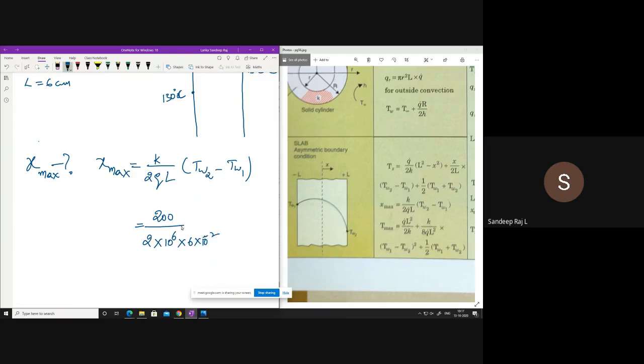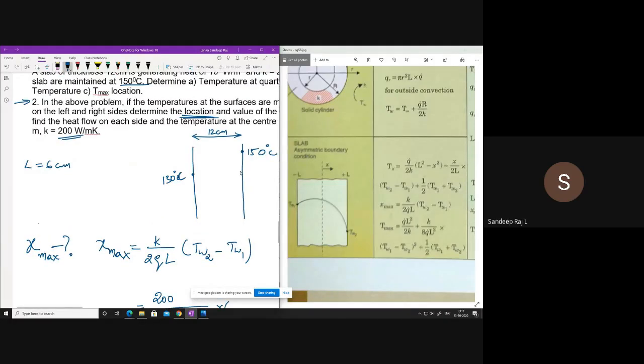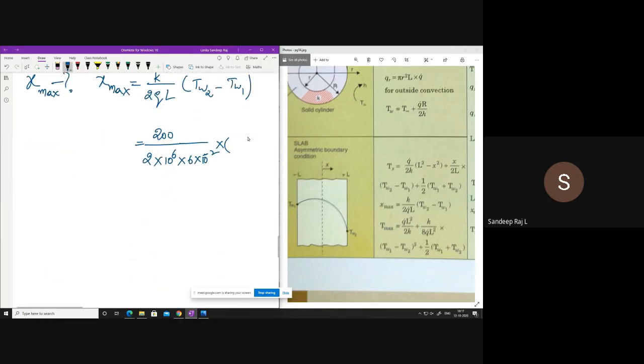Then Tw2 is the temperature on this side, that is 150. This is Tw1. On this side it is 130 degrees centigrade. So you have to write 150 minus 130 here. So that's it. Somebody tell me what is the value of this one.